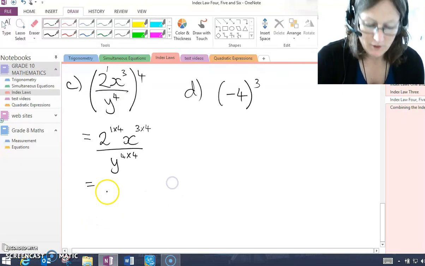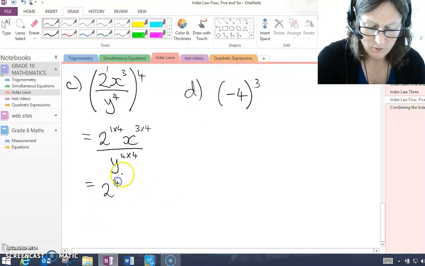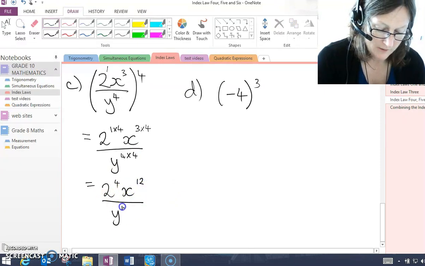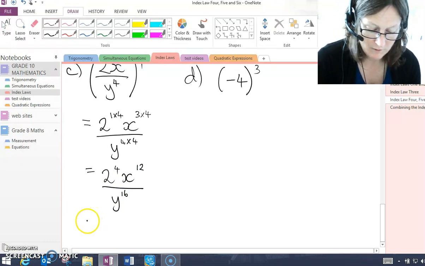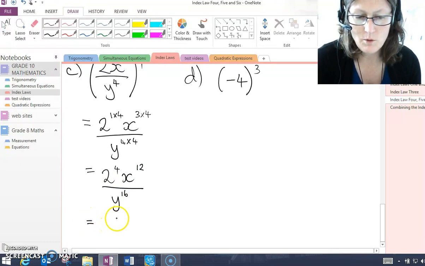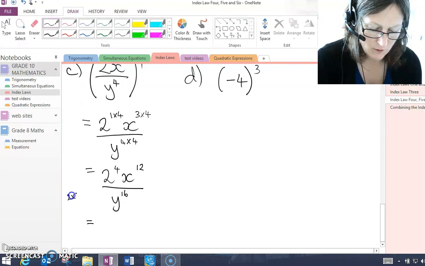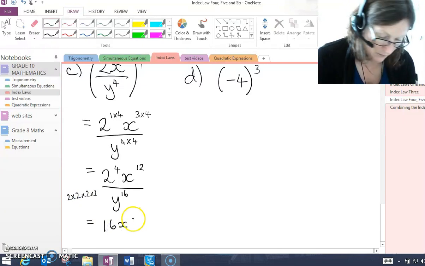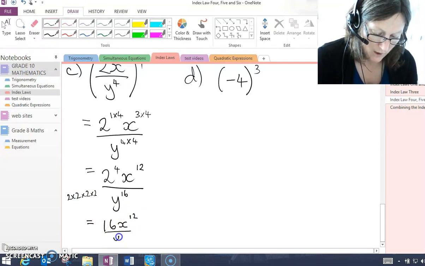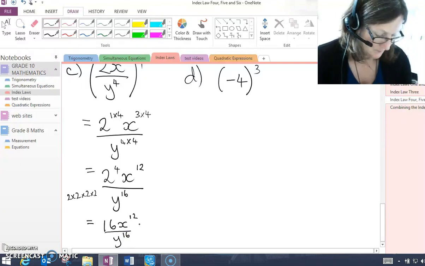If we multiply those powers, it's 2 to the power of 4, x to the power of 12, y to the power of 16. Again, that's acceptable, or one further step: 2 to the power of 4, remember, is 2 times 2 times 2 times 2. That is actually 16, x to the 12 over y to the 16.